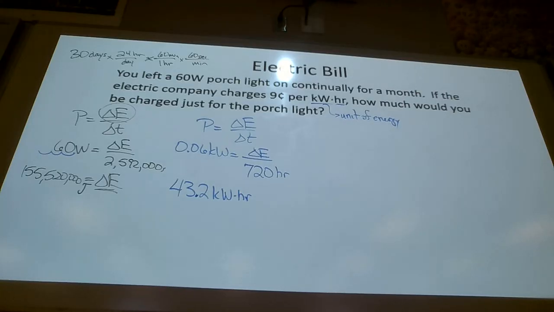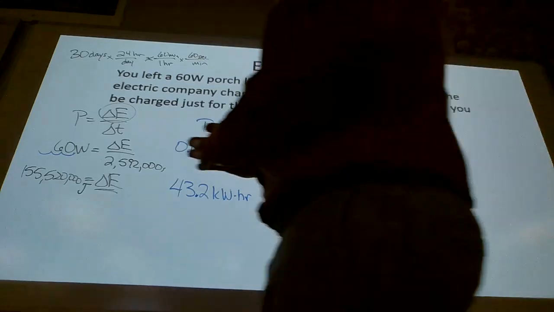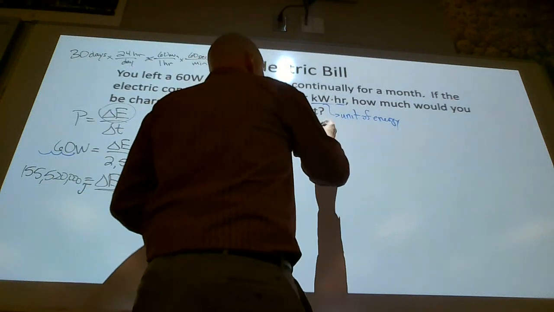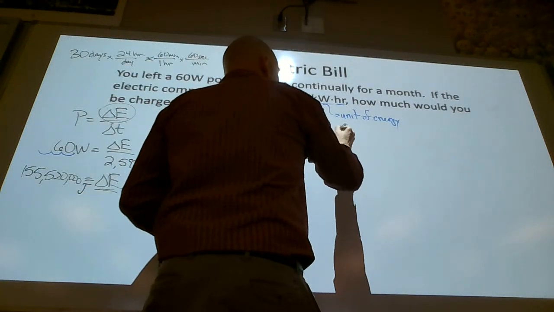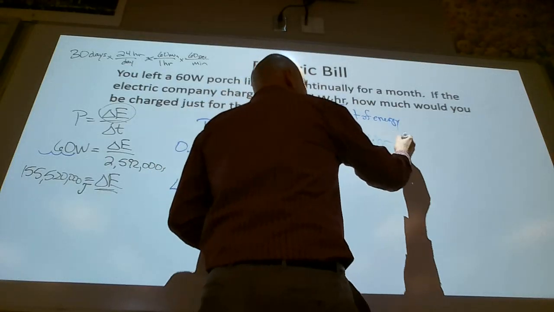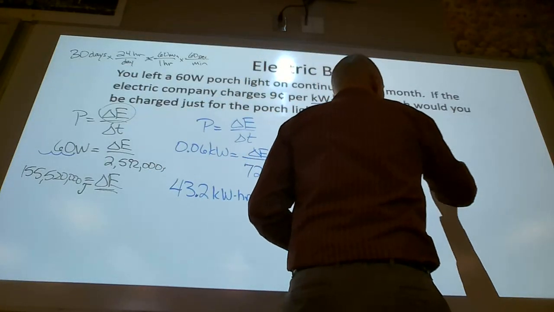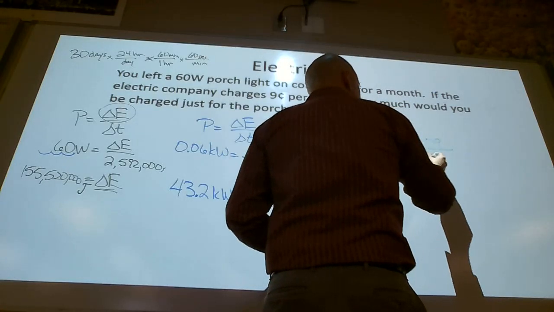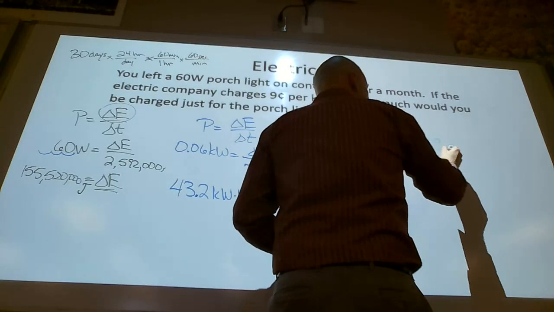Okay. Then we figure out how much money that is. It's 43.2 kilowatt hours, and you do 9 cents for 1 kilowatt hour.